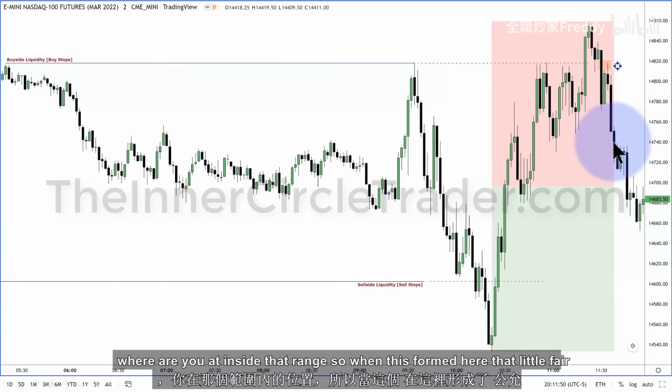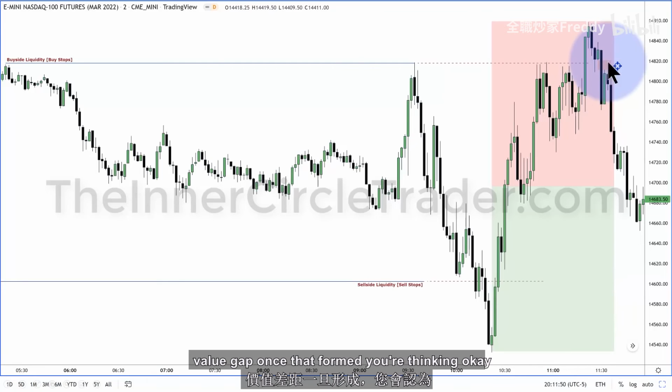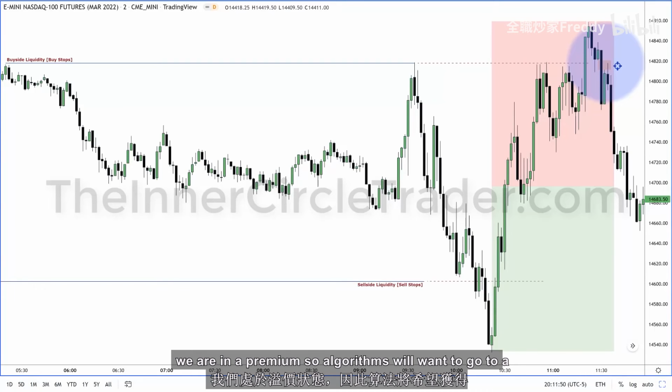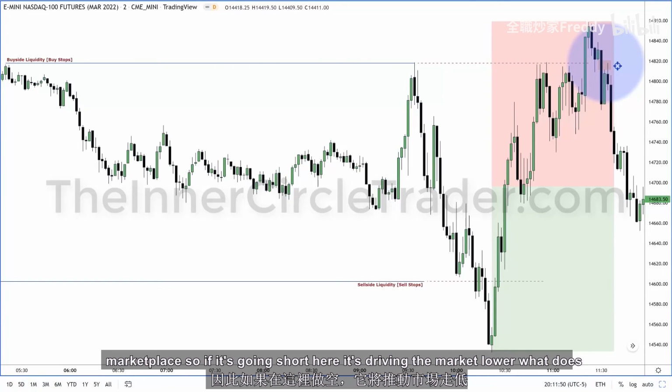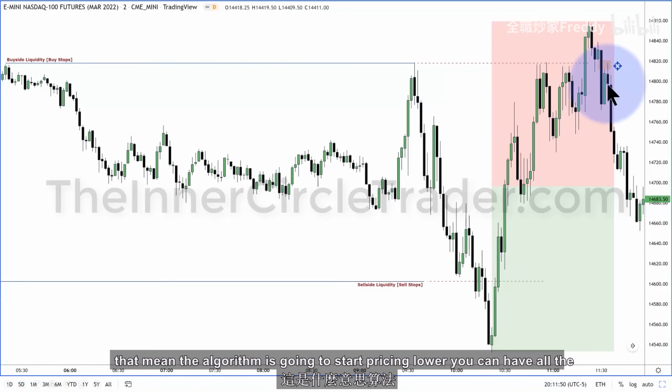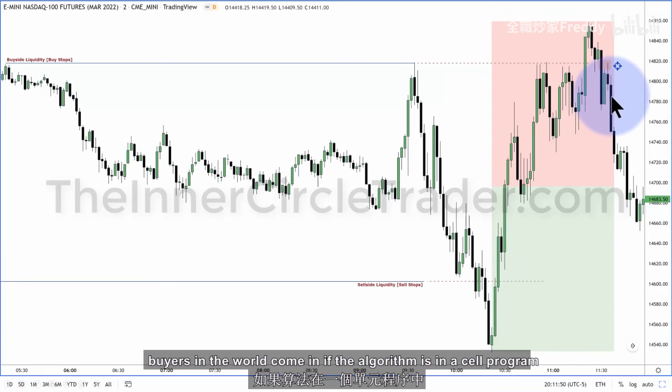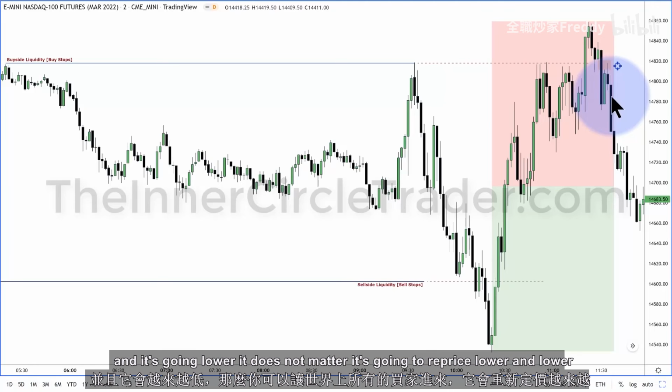So when this little fair value gap formed here, you're thinking, okay, we are in a premium, so algorithms will want to go to a discount. That's the opposing side of the marketplace. So if it's going short here, it's driving the market lower. What does that mean? The algorithm is going to start pricing lower. You can have all the buyers in the world come in. If the algorithm is in a sell program and it's going lower, it does not matter.